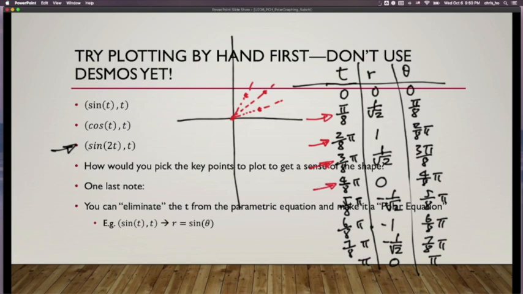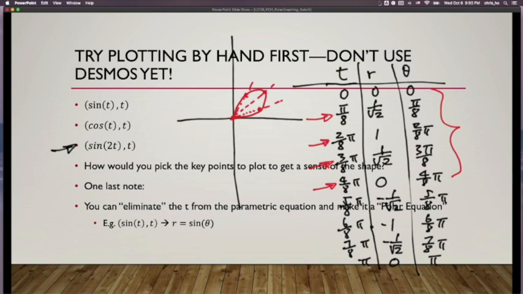And then at 4 pi over 8, which is pi over 2, it goes to 0. So for these set of values, it looks like it's going to be a curve that looks like this. Now let's figure out the rest.